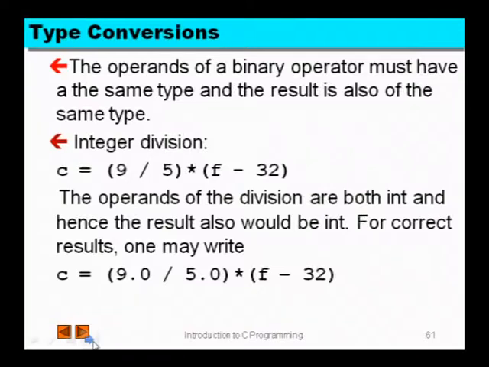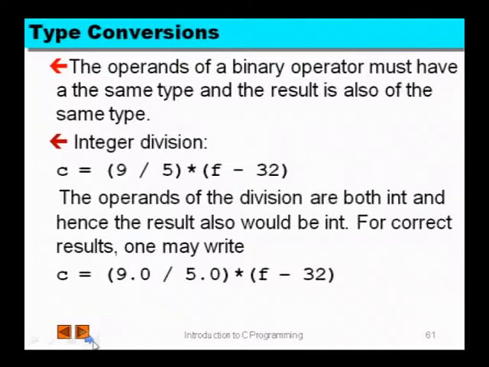The operands of a binary operator must have the same type, and the result is also of the same type. For example, as you have seen here, C is equal to 9 divided by 5 multiplied by 5 minus 32.